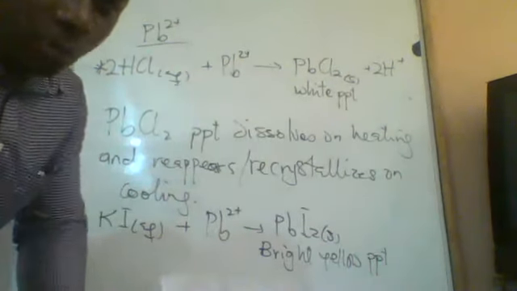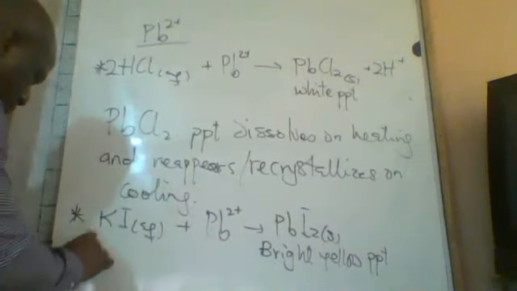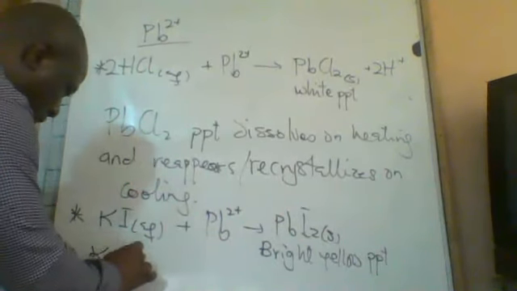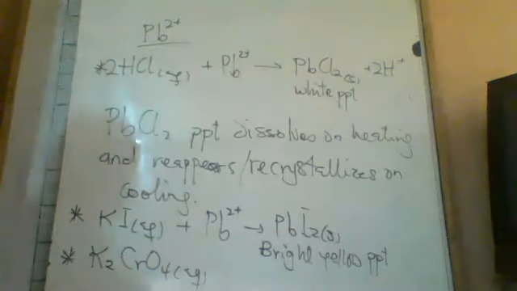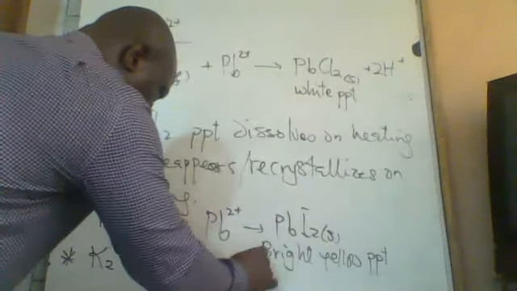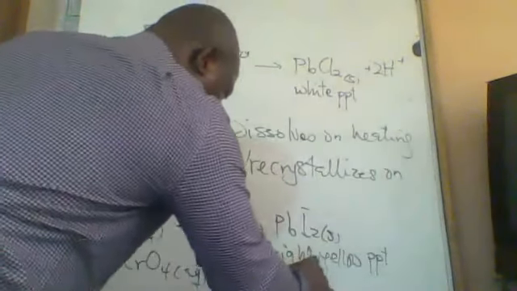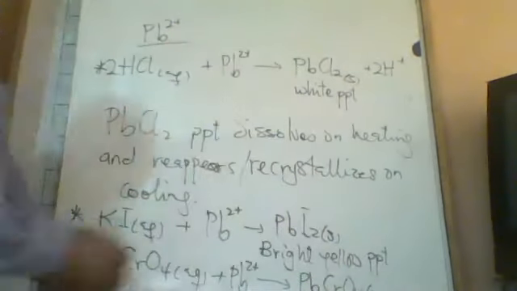Then also, we can use potassium chromate solution, K2CrO4, aqueous. This one too is a reaction. So this is going to give us lead chromate PPT.